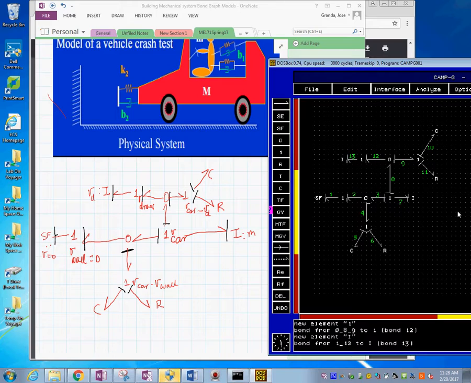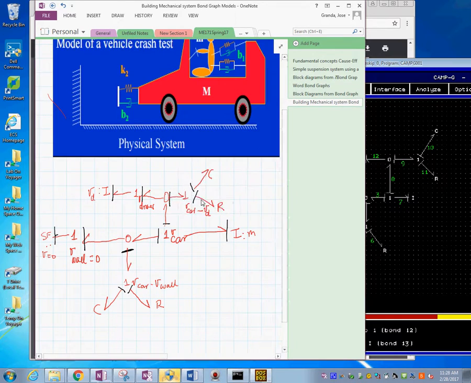You see my bond graph in CamG looks like the one on the left hand side. But notice what I was saying, that the causal marks can be already added by the computer program, or you can add them by hand and just check. You should see that the causal marks that I have over here on the left hand side are the same as the ones that I have on the other.